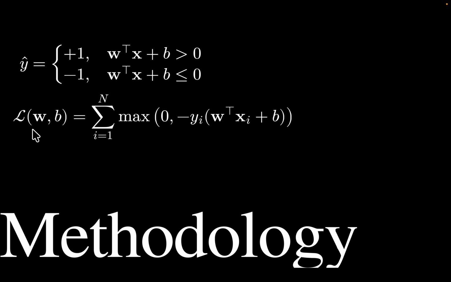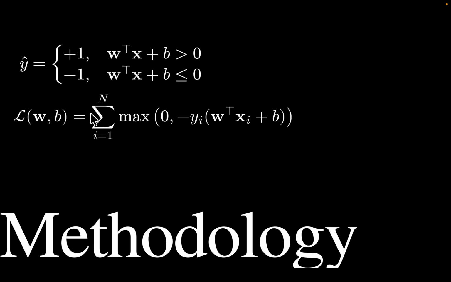Our cost function doesn't change. The same thing works when y is -1: this thing is less than or equal to 0, so we will get a negative number overall, and still the maximum with 0 gives 0, so it doesn't change either.